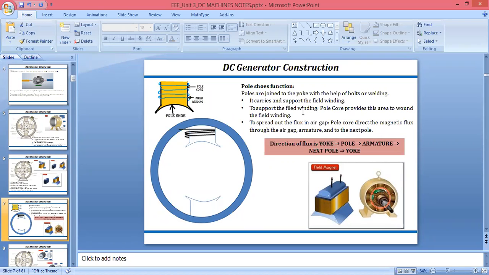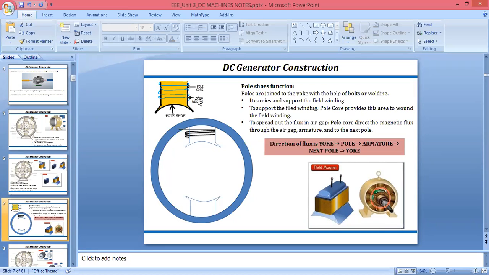So we can say here, it will support the field winding, and pole core provides this area to wind the field winding. ये pole shoe में तुम देख सकते हो, we are putting here lots of area on which we are doing the field winding to generate the EMF, because by using a DC generator we have to create electricity. हमें क्या करना है, EMF introduce करना है.